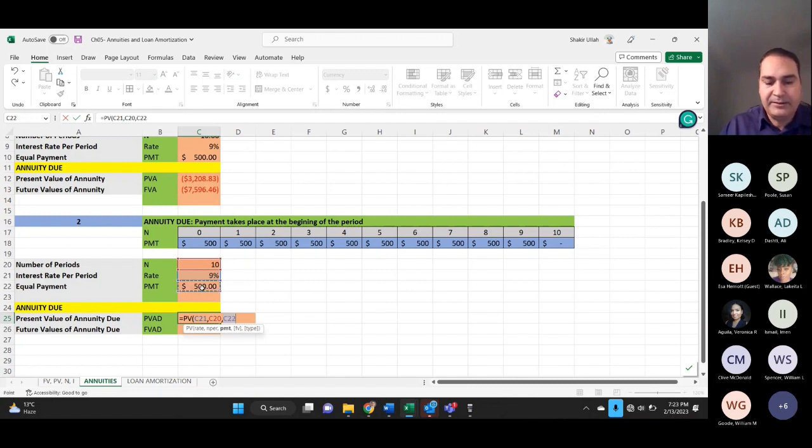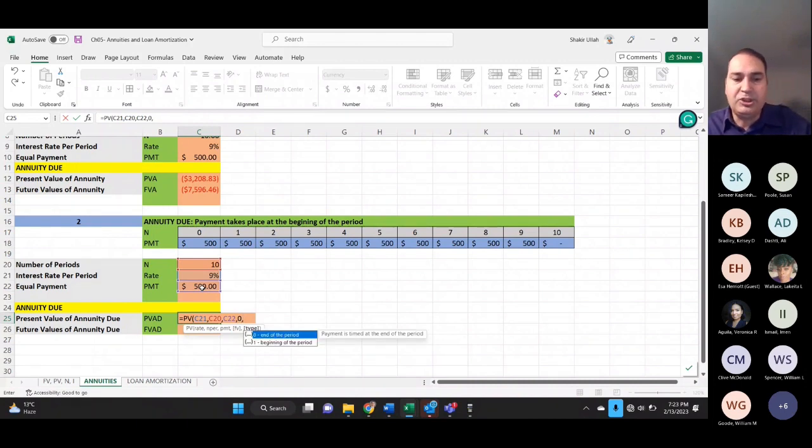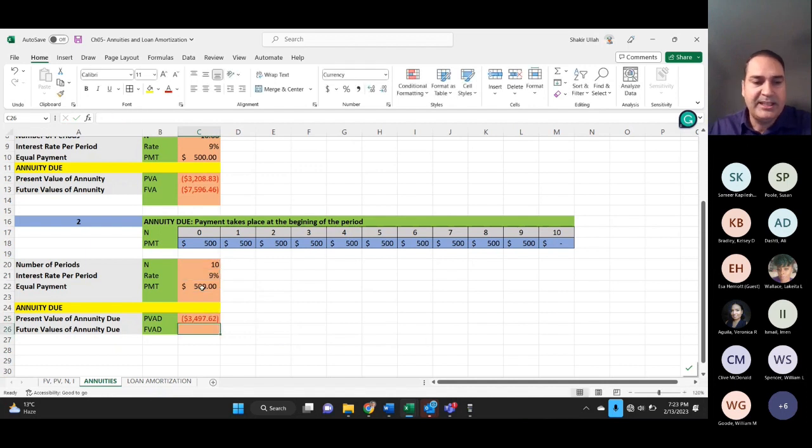Payment is 500. Future value is 0. But in this case, because this is annuity due, payment is taking place at the beginning of the period, so we will make this type 1, instead of type 0. Close it, and we get this value as the present value of the annuity.